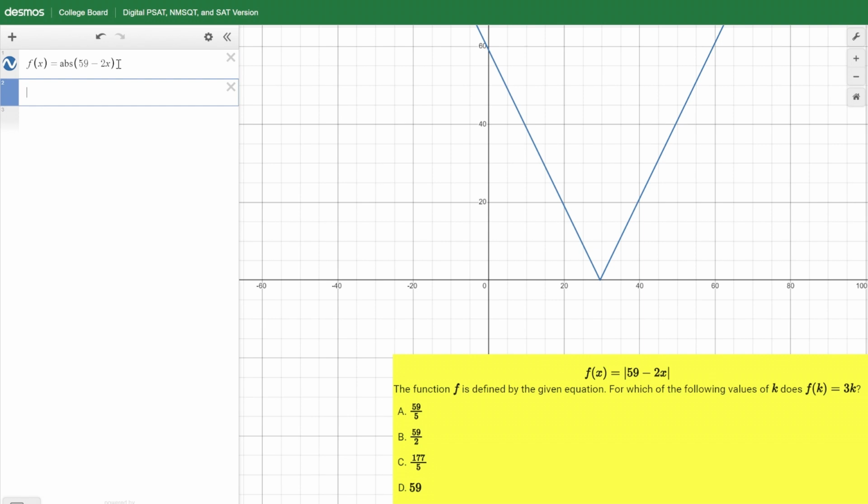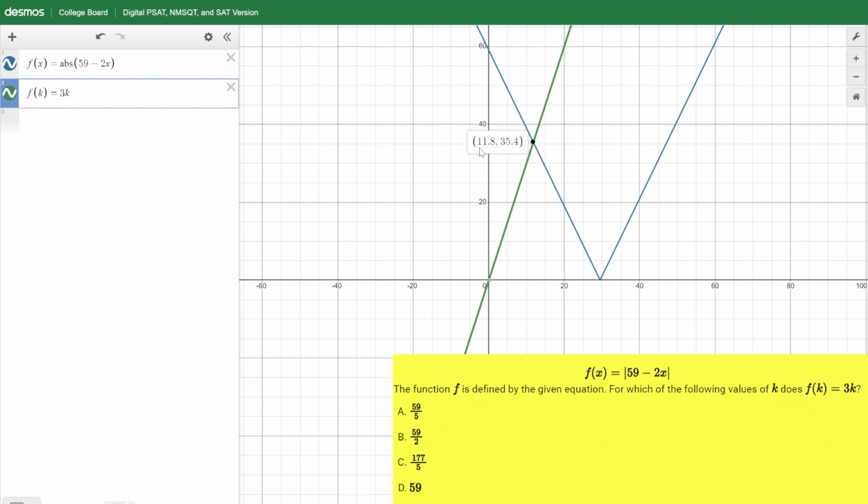And then the next one that we can do is we can actually put in k as a variable as well, and f of k is going to be equal to 3k. Okay, and that's given by the green line. And as you can see, these two graphs intersect each other at 11.8 comma 35.4.